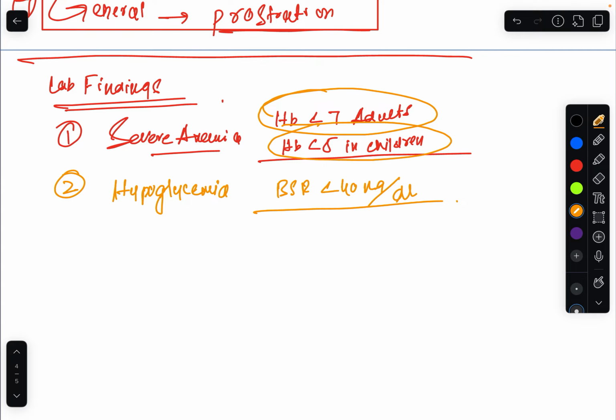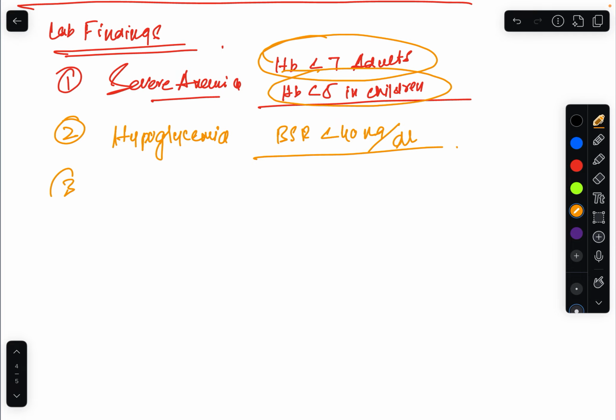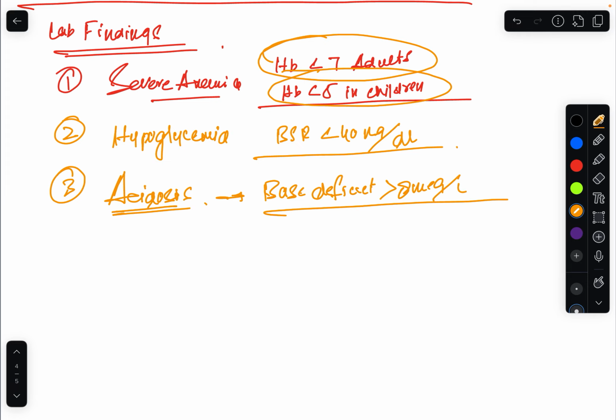First is anemia, second is hypoglycemia, then third is acidosis. And what is meant by acidosis? If your base deficit is greater than 8 milliequivalent per liter. What is meant by base deficit? Suppose normal pH is 7.35 to 7.45 and now the patient's pH has decreased.